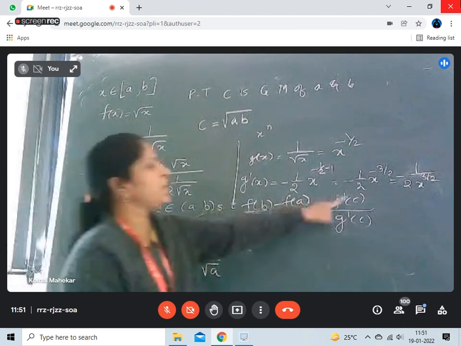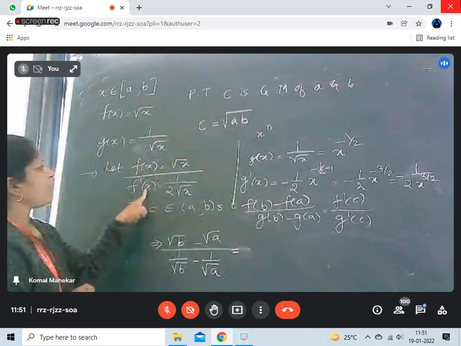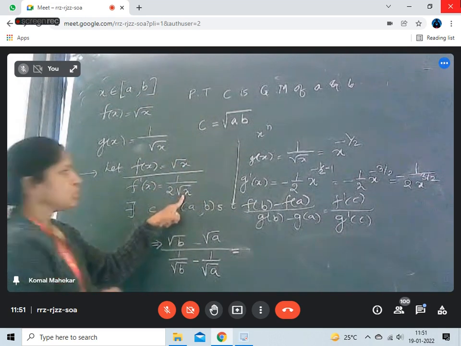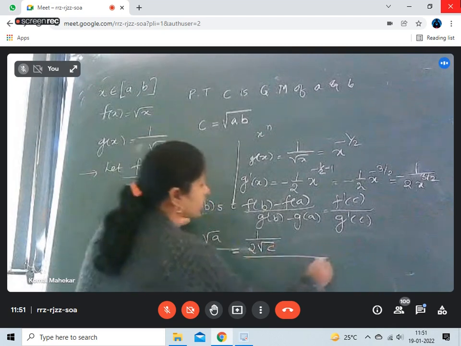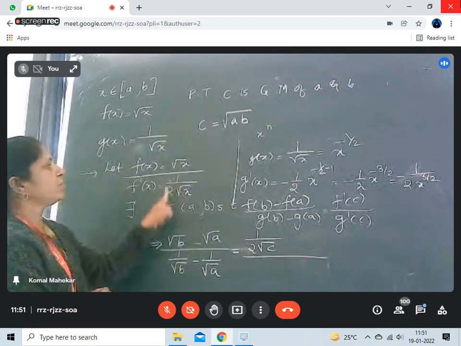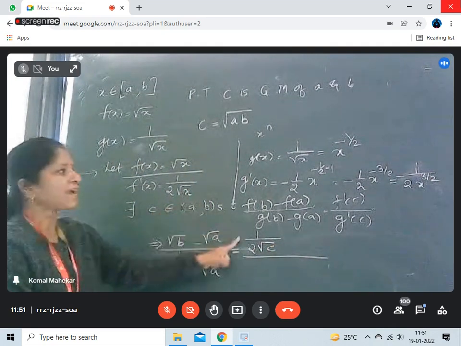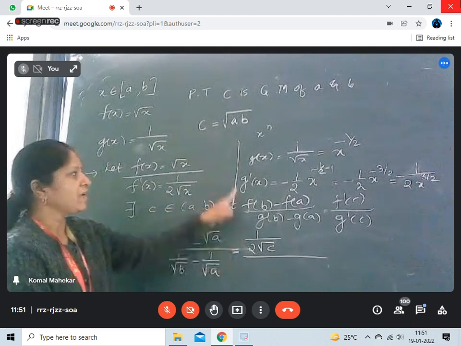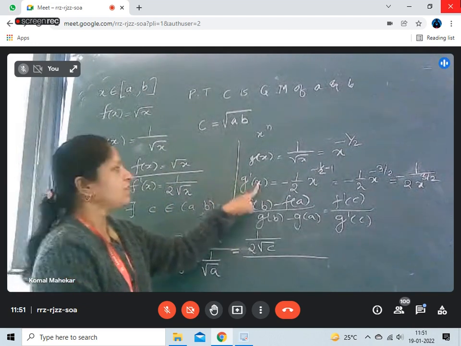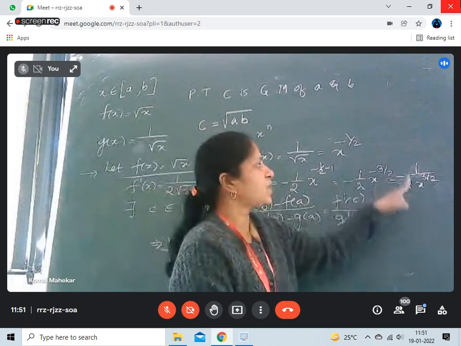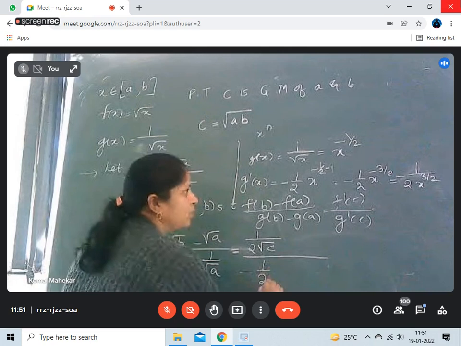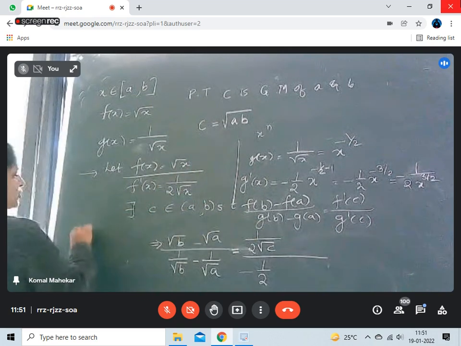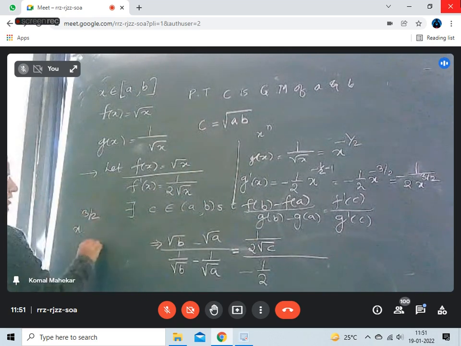F dash of c: f dash of x is 1 upon 2 root x, so this is 1 upon 2 root c. And again it is divided by g dash of c. G dash of c will be minus 1 by 2 x raised to 3 by 2, which can be written as x into root x.